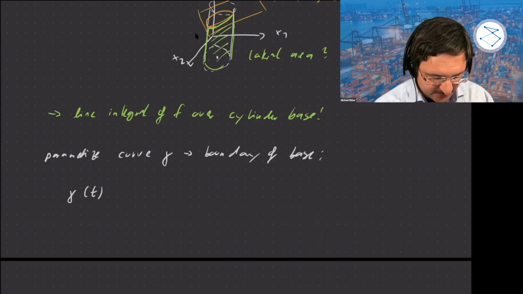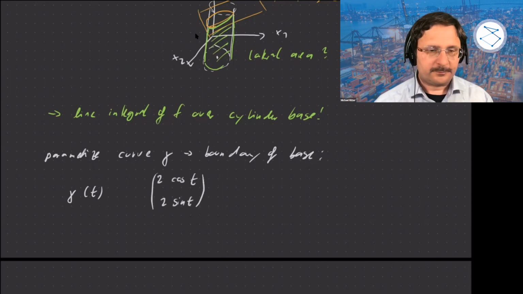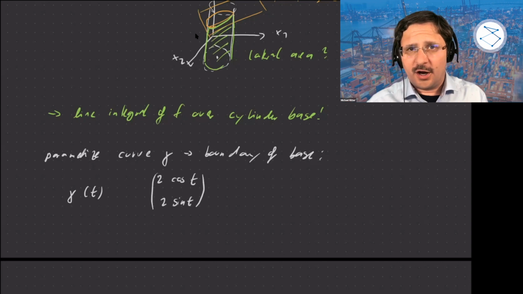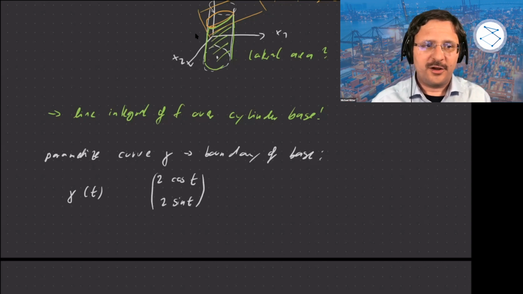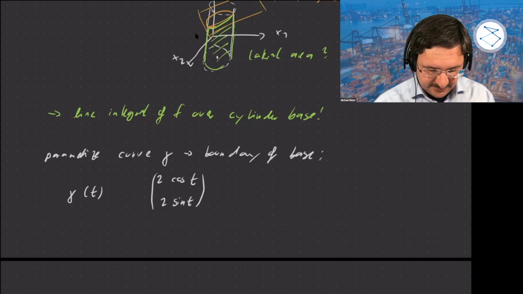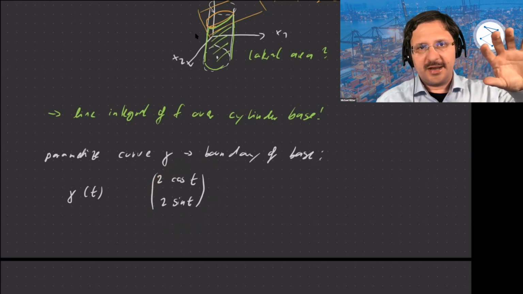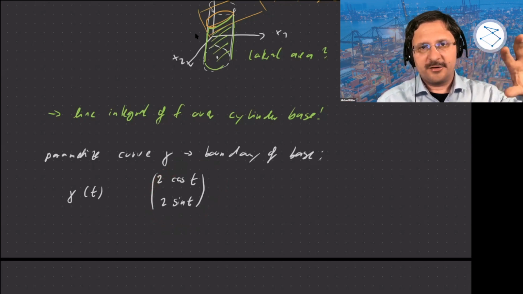So a circle of radius 2, that can be written as 2 cosine of t, 2 sine of t. And then the origin is not the center of that circle, but instead the center is supposed to be the point 1, 2. And this here is, of course, centered at the origin. So we take that circle and we shift it so that the center is 1, 2.